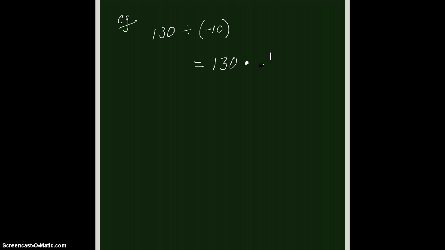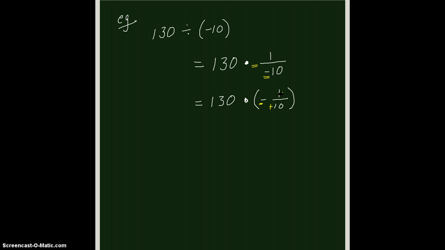So it would be 1 over -10. And 130 times this negative number now, -1/10. You can see, go back and look, I changed this sign. Let me just underline it. I changed this sign to a positive, this +10, and I changed the sign that's here but not showing up, this little plus, into a negative. So I changed two of the signs. I left the one alone.